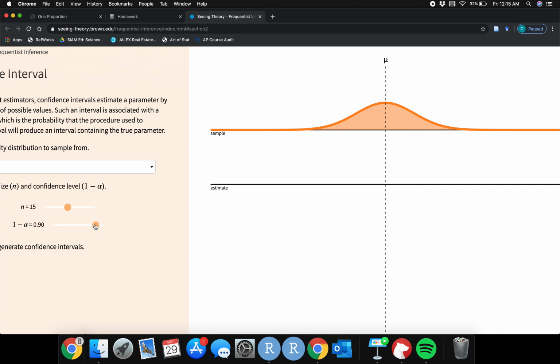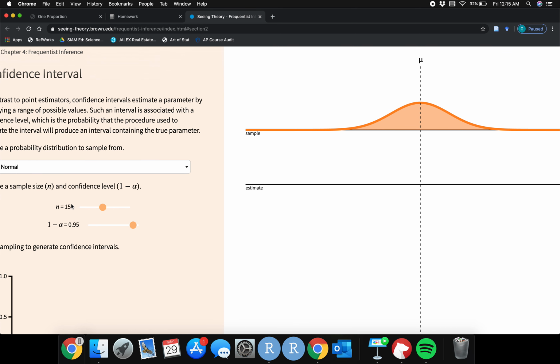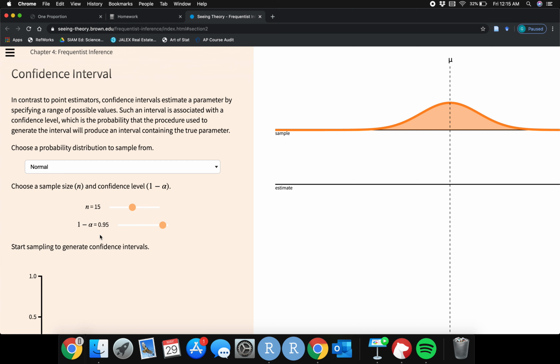So I'm going to take a sample of size 15, and I want to create a 95% confidence interval. You see symbols that we know over here. N is 15, and then alpha, or rather 1 minus alpha, is that level of confidence that we want. So the interpretation of a 95% confidence interval is that 95% of the intervals that I create by sampling from the population over here will contain that truth.